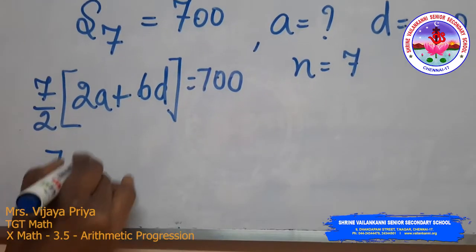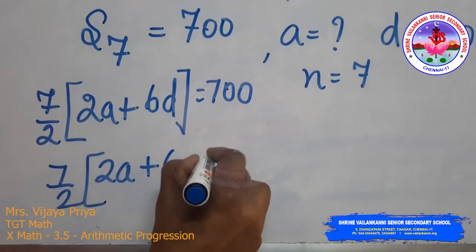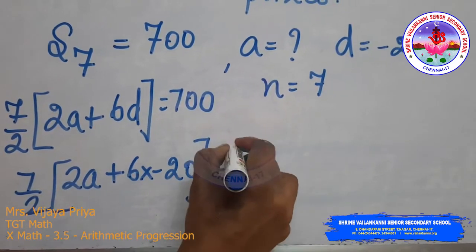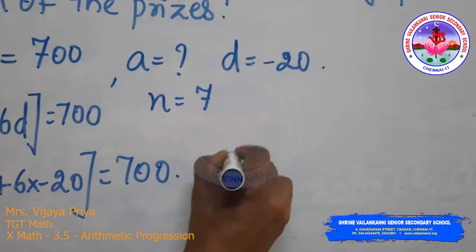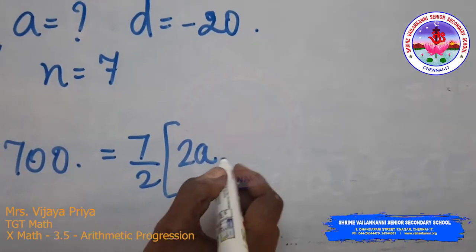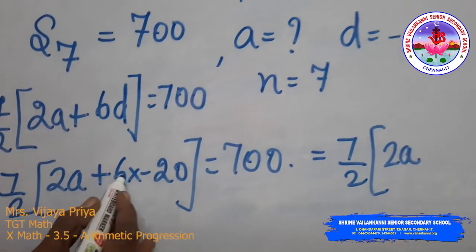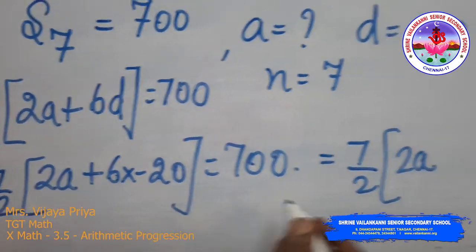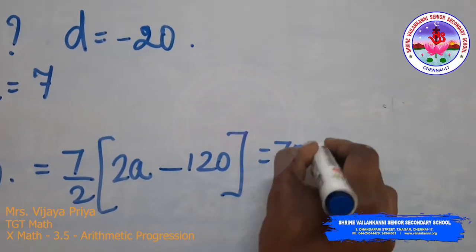So 7 by 2 into 2a, a is unknown, plus 6 into minus 20, which is equal to 700. So here 6 into minus 20 becomes minus 120. So 2a minus 120, which is equal to 700.